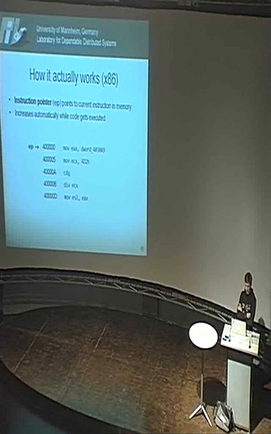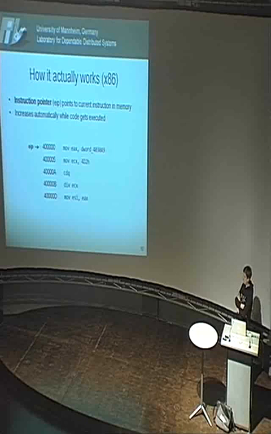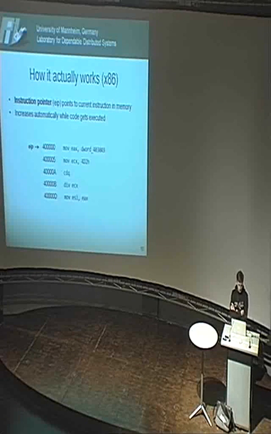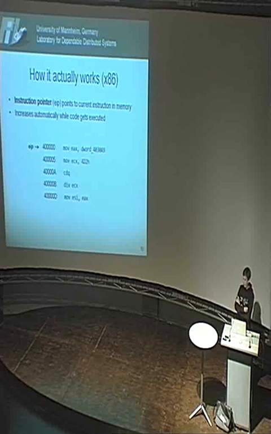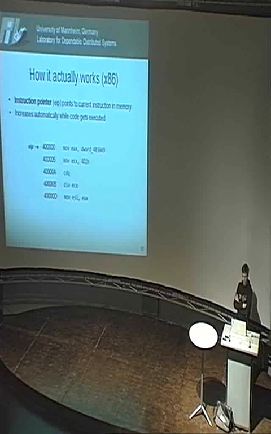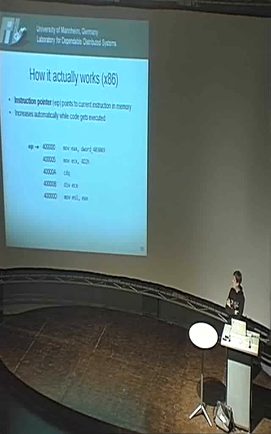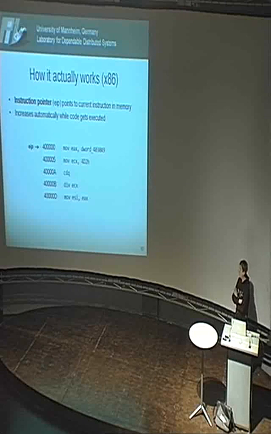Before I do that, I just have one small slide that explains how code gets executed on an Intel x86 computer. So as in every other architecture, we have one instruction pointer by the name of EIP in this case, which points to the current memory instruction. So in this case, we have EIP pointing to some random instruction that I simply picked from some random binary.